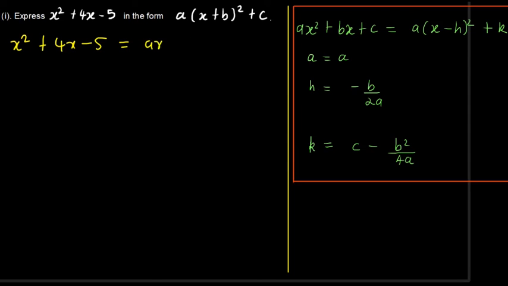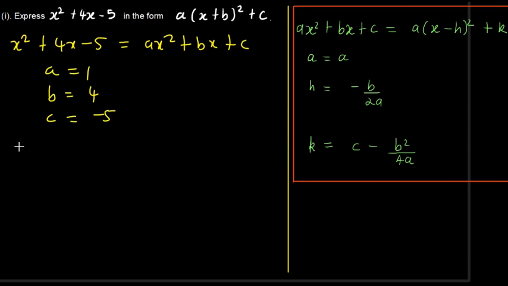So this is the same as ax squared plus bx plus c. So we just compare and solve the problem. Our a is 1, our b is 4, and our c is minus 5.